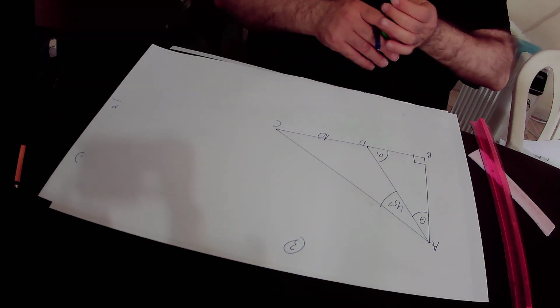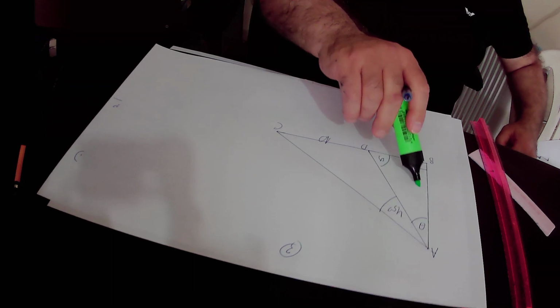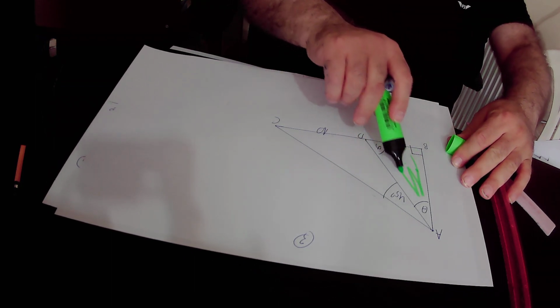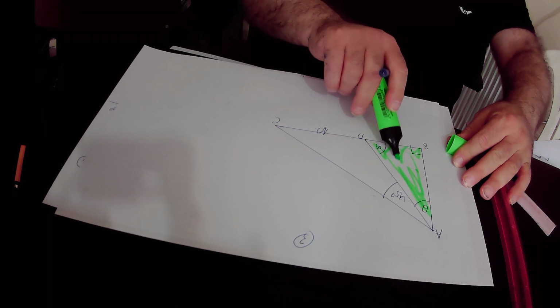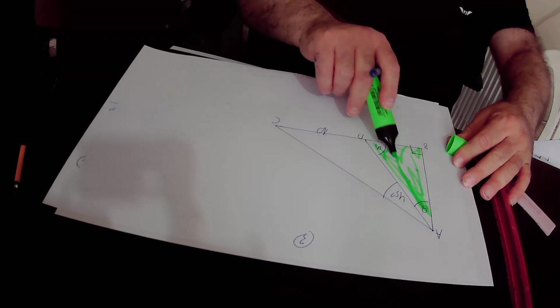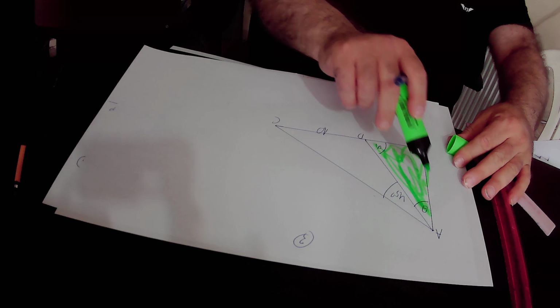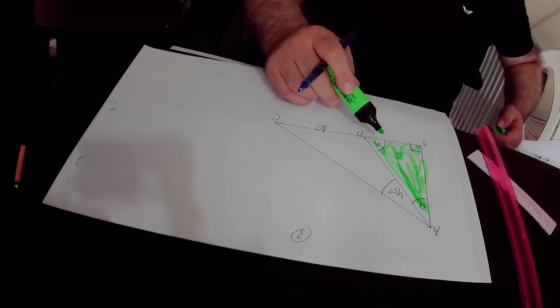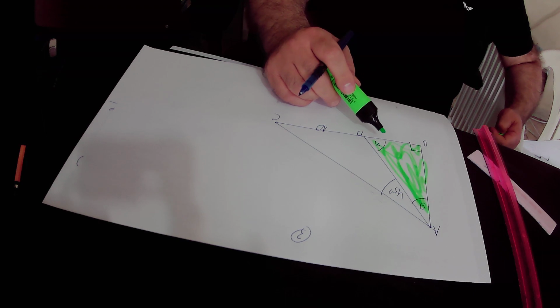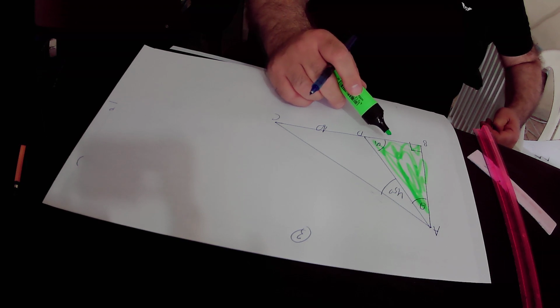Here, inside the right triangle, triangle ABD, we have three interior angles. Angle theta, this angle that is 90 degrees, and angle alpha.